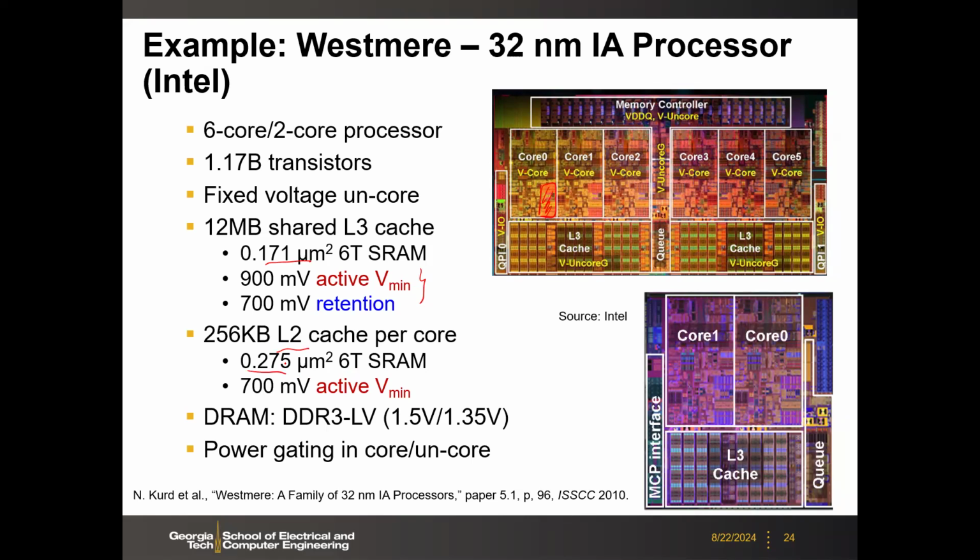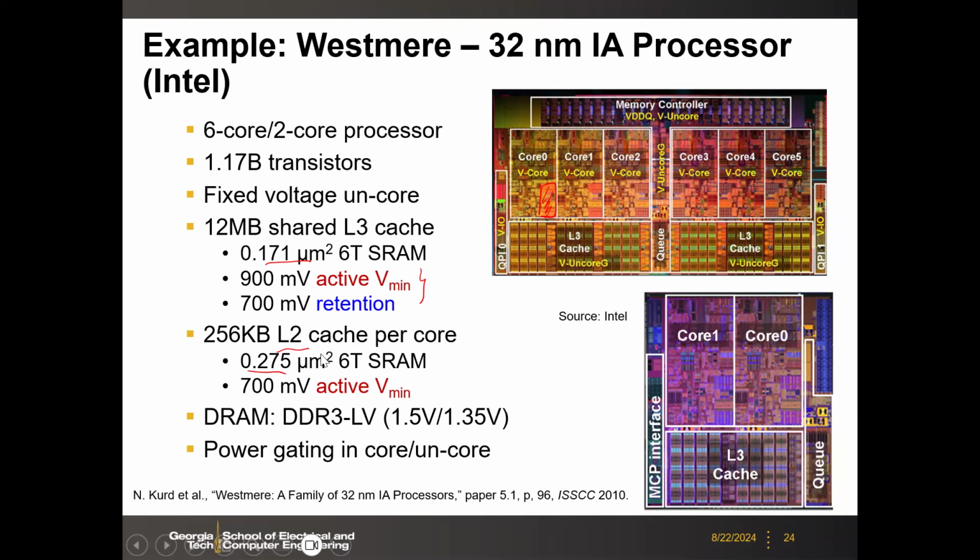This is what we discussed before. There's a trade-off between the access latency and the capacity, or in other words, the integration density of the SRAM, depending on the levels of the cache. For L2, the total size is 256 kilobytes, and you use larger cells for faster operation.